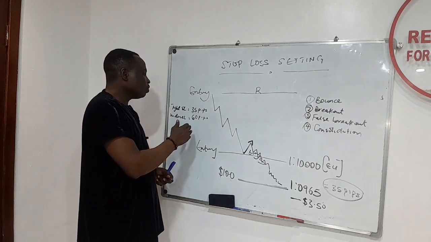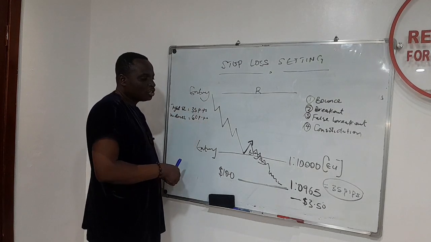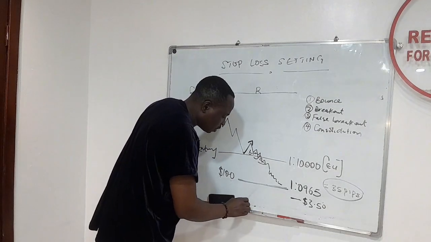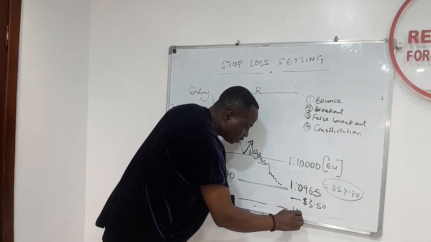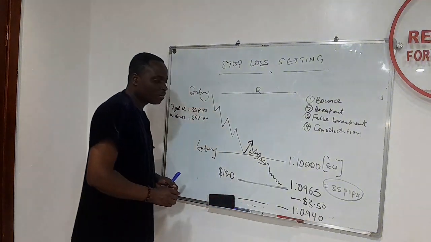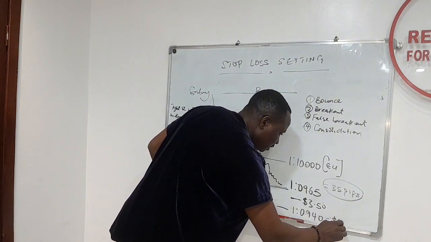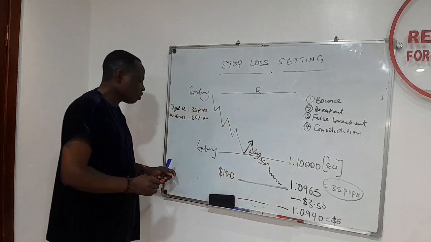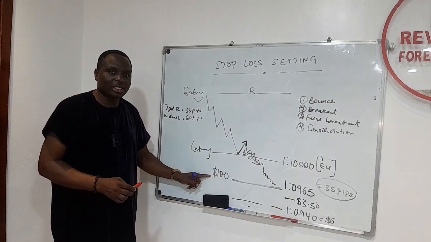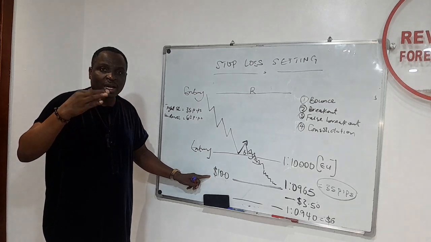But let's say you want to use a wider stop loss, which is 60 pips. So it means your stop loss will now be at 109.40. So this will now be $6 out of your $100 account, and that will be 6% of your account value.